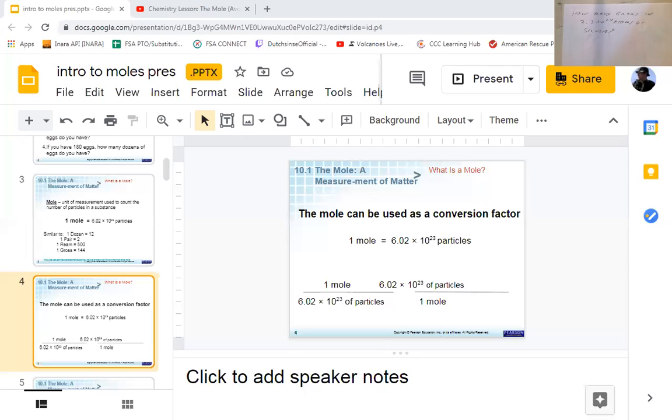Anybody have any questions or need to see anything else that we've done so far today? Any particular formulas? Molar mass equals molecular weight in grams. Old problems. Moles to grams. How to calculate molar mass. Anything.